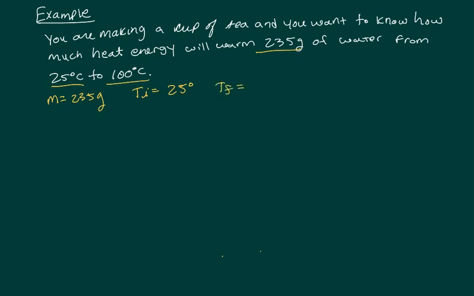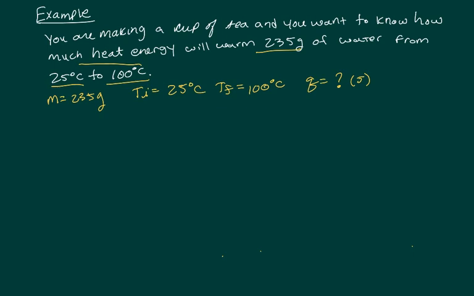So our T final is going to be 100 degrees Celsius. Now, we want to find out our heat, because it's saying you want to know how much heat. Remember, Q equals heat. So how much heat, and we're going to say in joules, will you need to heat up that much water from 25 degrees Celsius to 100 degrees Celsius.